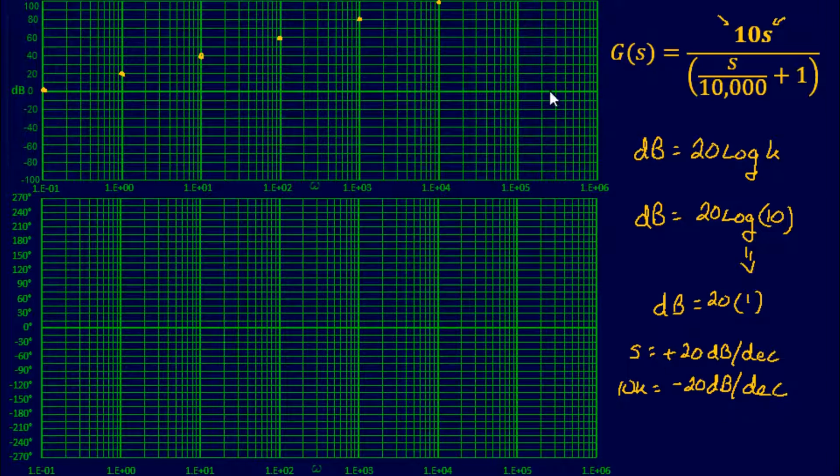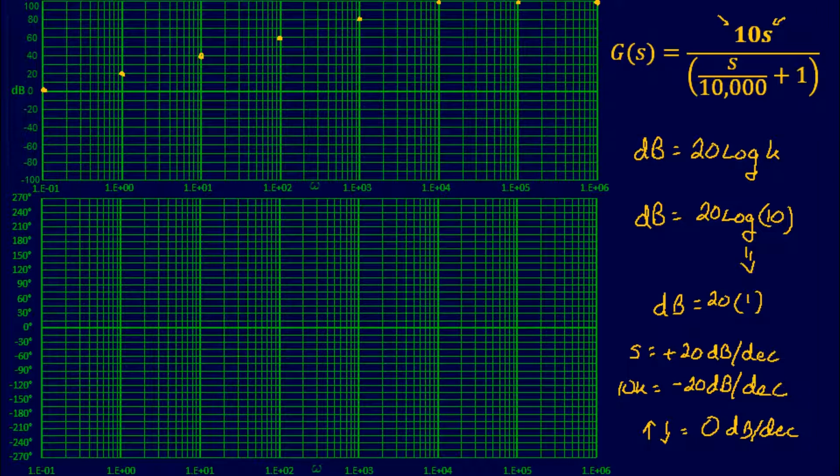Now that doesn't mean you go the opposite direction. It means you got to adjust your slope. We were going up 20. Now we got to go down 20. Well, since we're already going up 20, we got to go down 20. So if you add those together, you're going to have no slope. It's going to basically be 0 decibels per decade, which means this is going to be a straight line from here on out.